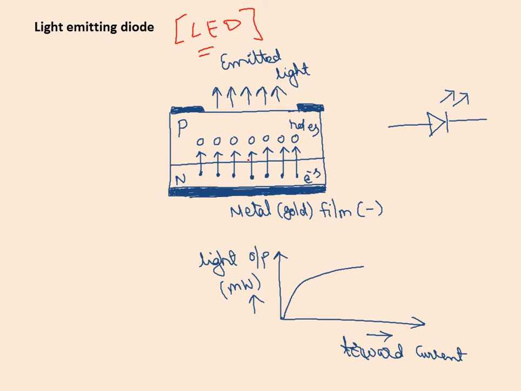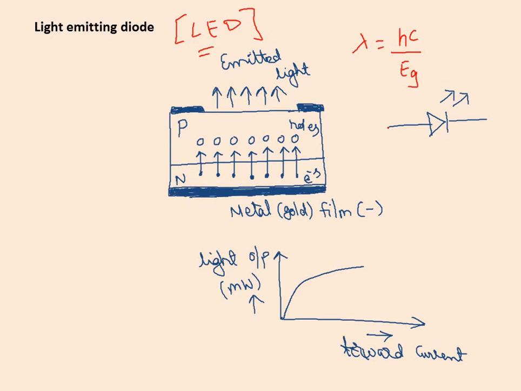Now, since a definite amount of energy is required to generate an electron hole pair, the same energy is released when an electron recombines with the hole. Let's say Eg is the energy corresponding to the emitted radiation, and the wavelength can be given as lambda equal to hc by Eg, where Eg is the energy of the emitted wavelength or the light, whatever we call it.